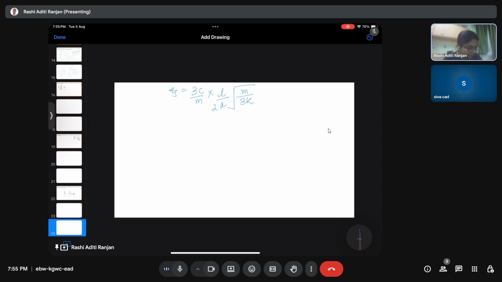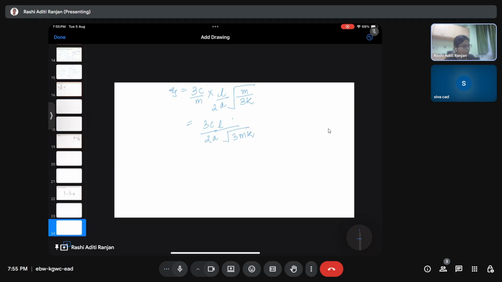Now, if we further work on it, we are going to get 3c by 2a into l into under root of 3mk, right? This is what we are getting.